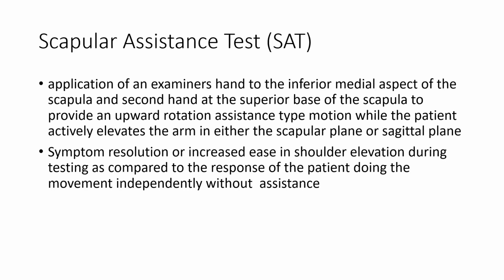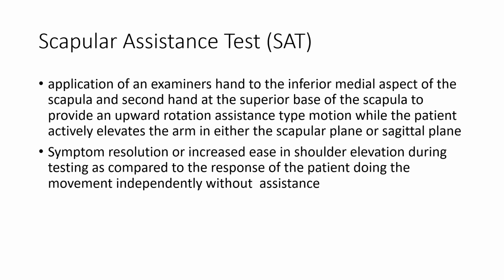This is made by a controlled, coordinated movement of all the periscapular muscles. If there is any asymmetry or any irregular firing of any of the muscles, this can lead to scapular dyskinesia. So the first is the scapular assistance test.